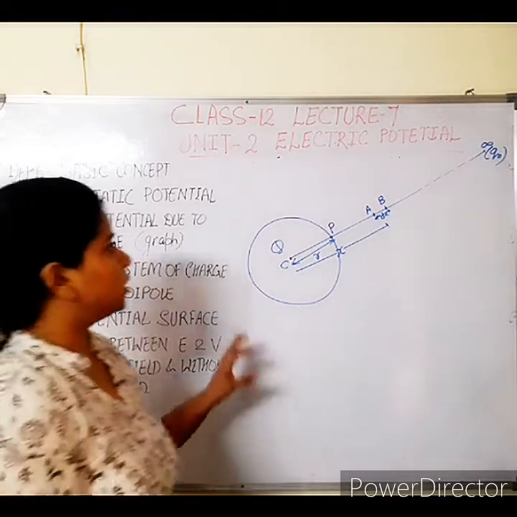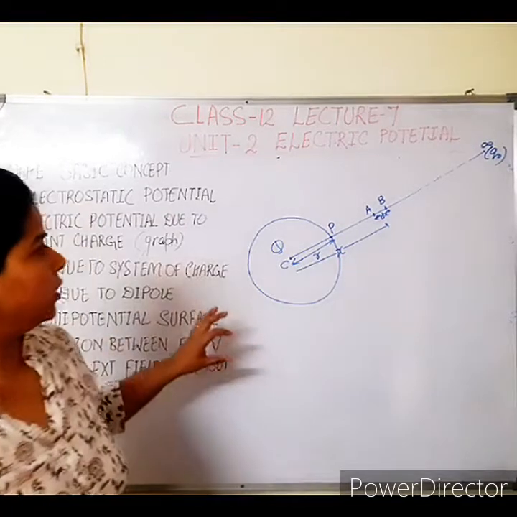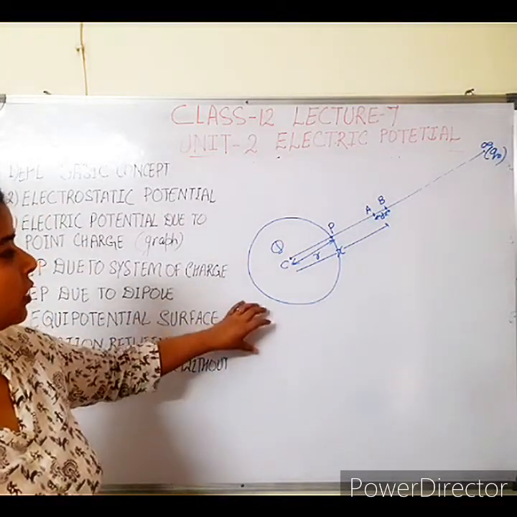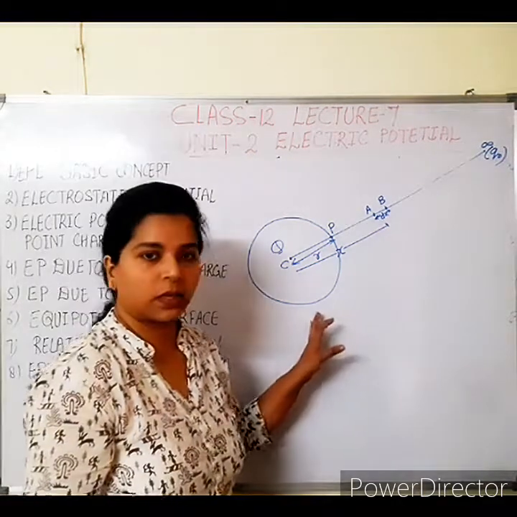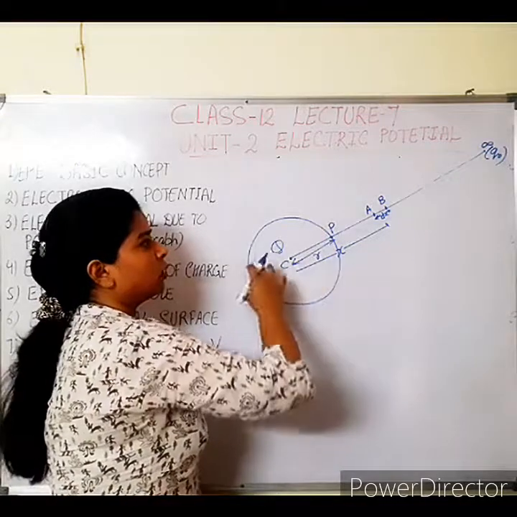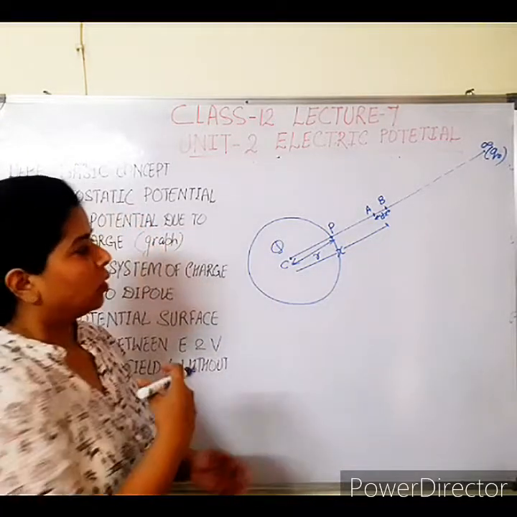Okay, so this is the situation. You will write in theory whatever I explained verbally, each and every point, and note down each and every term to describe the derivation steps.